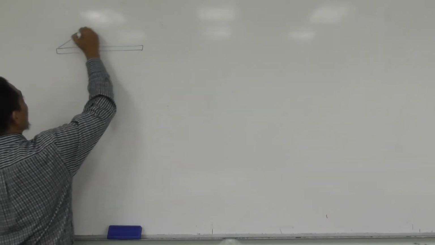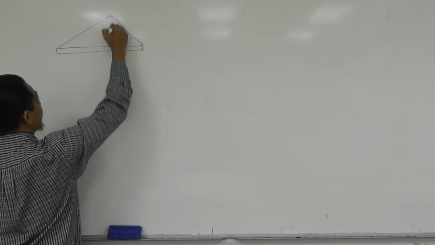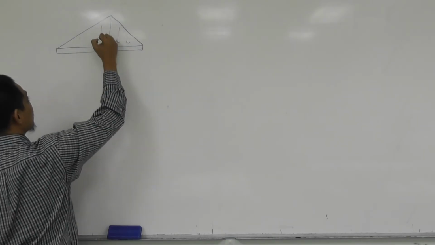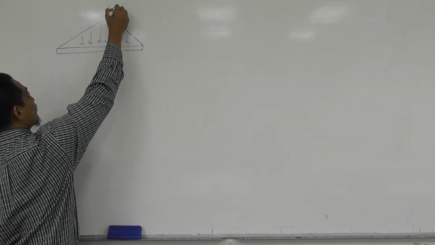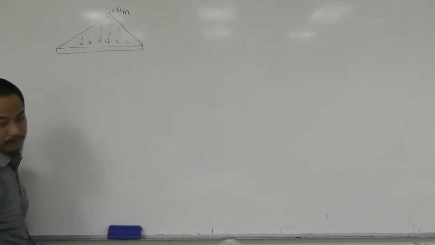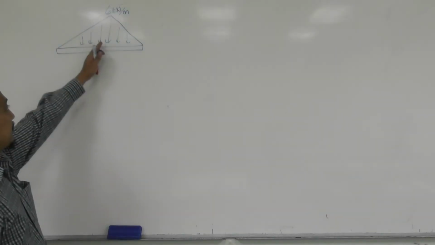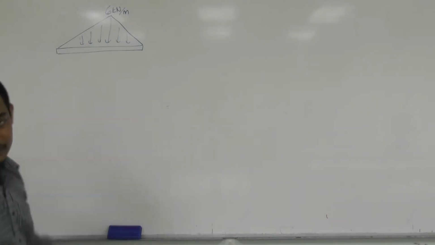Basically, you have something like a beam, and then you have the distribution, something like this, where the force is going down, and at the middle there is 6 kilonewton per meter. That is the peak there. Obviously this is 0 and this is 0.